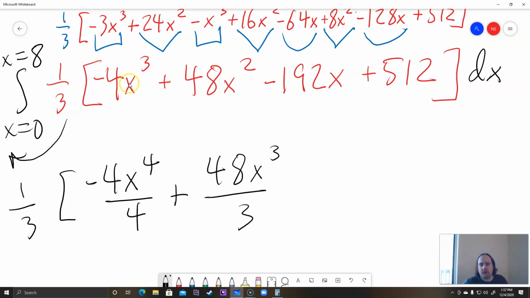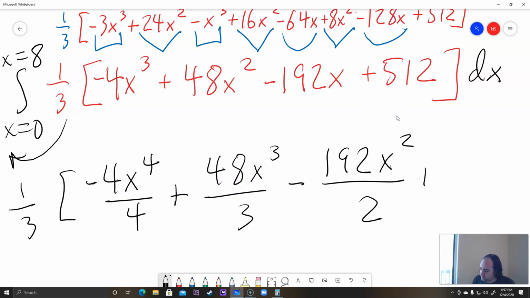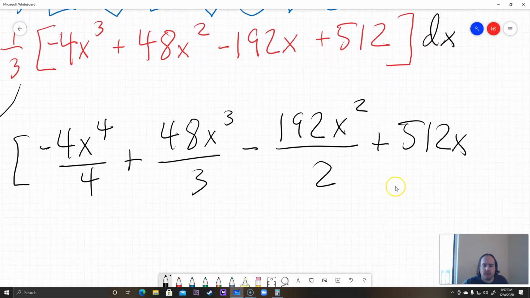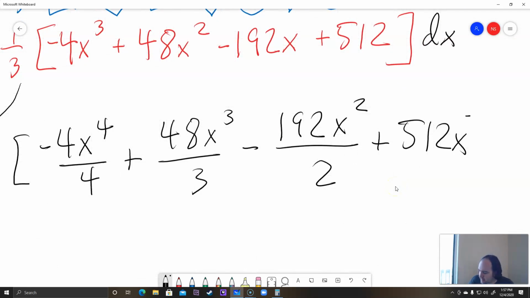Remember, with the power rule, you just add one to the exponent and then you divide by the new exponent. And then we have minus 192x squared over 2 plus 512x. That's just using the power rule, and we're evaluating this from x equals 0 to x equals 8.